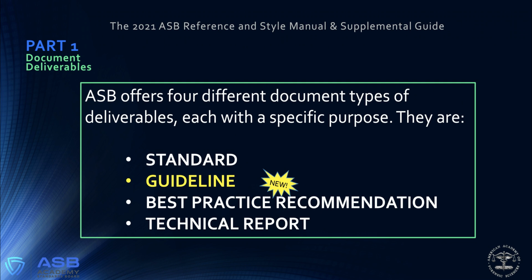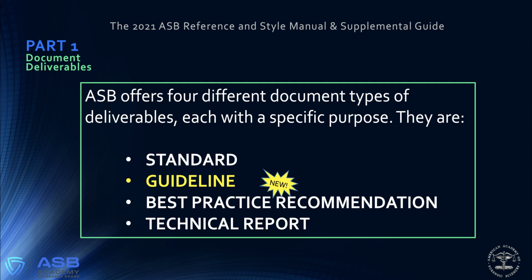Part 1 identifies the ASB document deliverables. Some of you may participate in or have participated in the work of other standards developing organizations. If you do or have, you will be familiar with the fact that each SDO has unique phraseology and terminology.